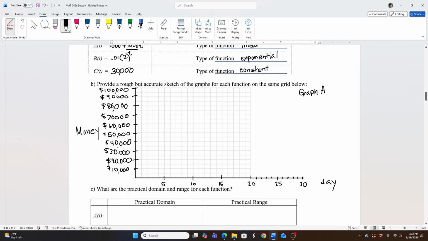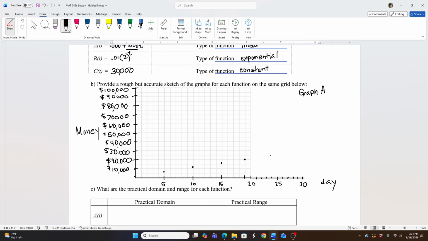So we start at $1,000. On my 5th day, I'm at $6,000. On my 10th day, I would be at $11,000. On my 15th, I'd be at $16,000. On my 19th, here, this would be 19, I'd be at $20,000.